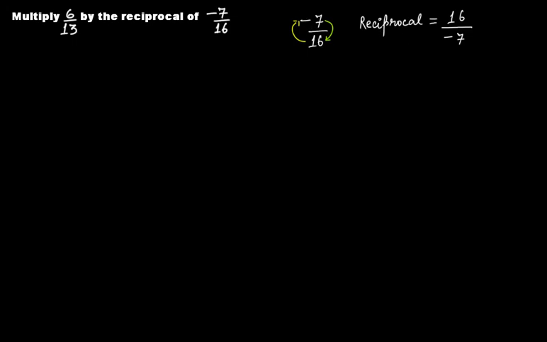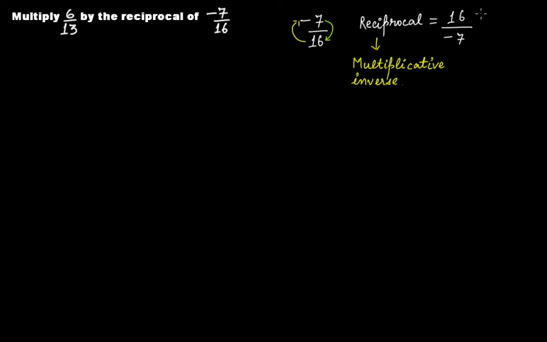And we know that reciprocals are also called multiplicative inverse. Right, now this is 16 over minus 7.